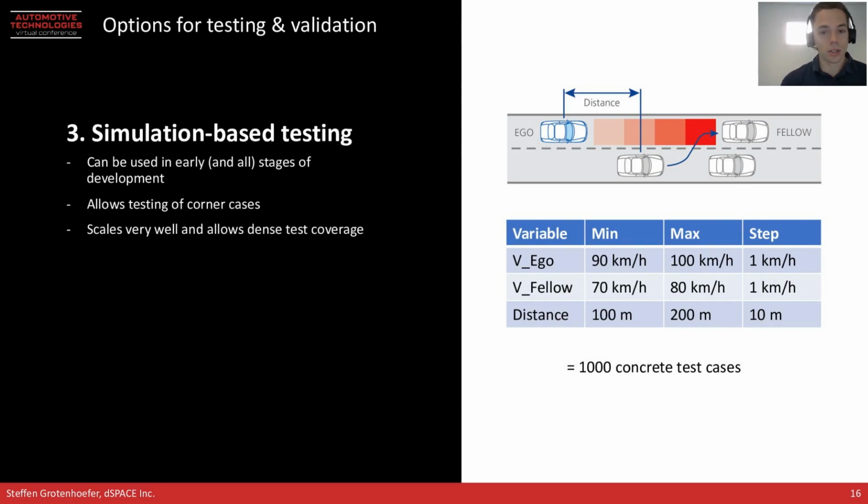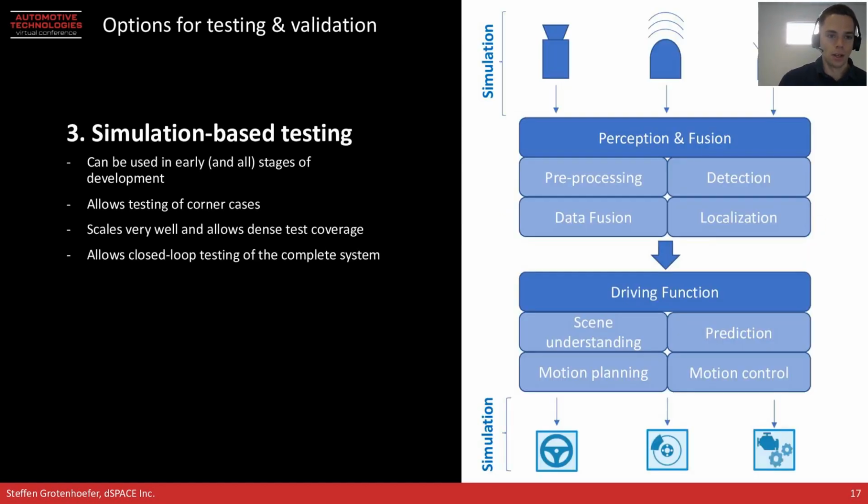And you can not only create thousands of tests, you can also simulate them and test them in parallel and not just sequentially. So this addresses the concern from the beginning of not having enough time and not having a dense and exhaustive test coverage.